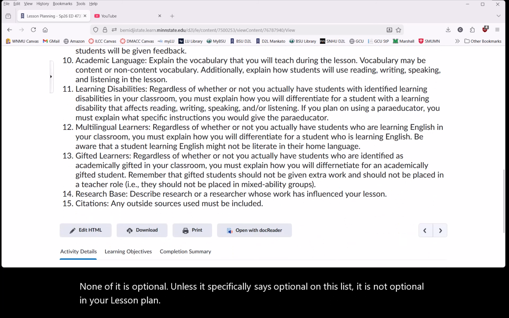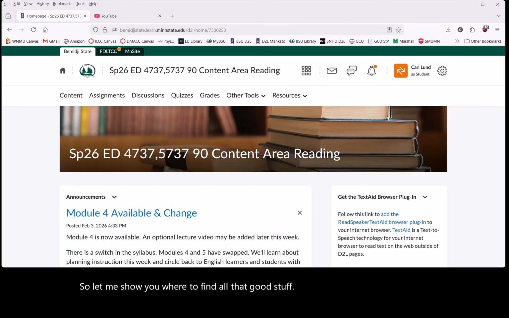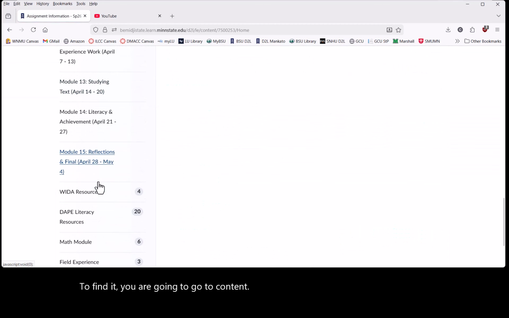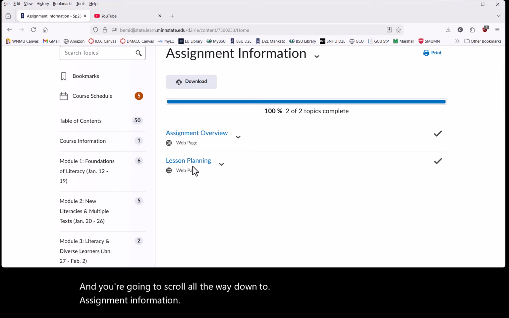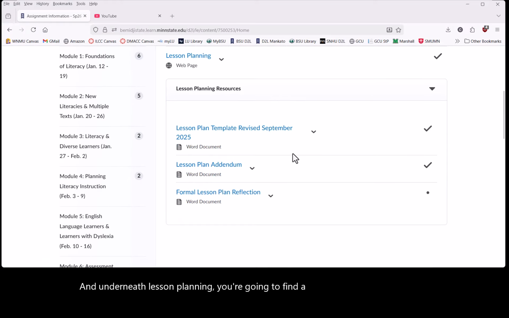So let me show you where to find all that good stuff. To find it, you are going to go to Content, and you're going to scroll all the way down to Assignment Information, and you're going to find the lesson planning. And underneath lesson planning, you're going to find a submodule called Lesson Planning Resources.